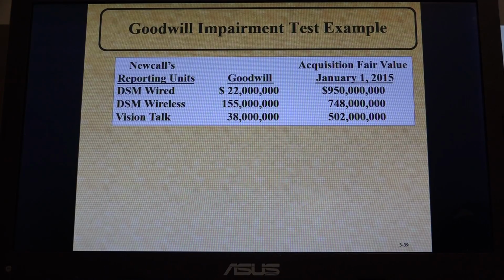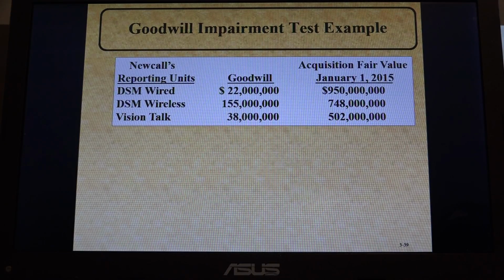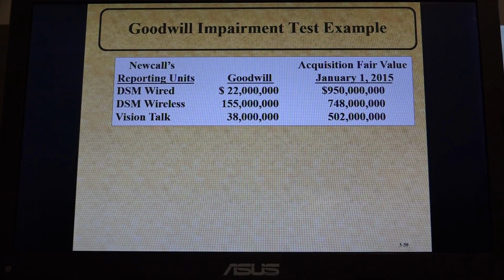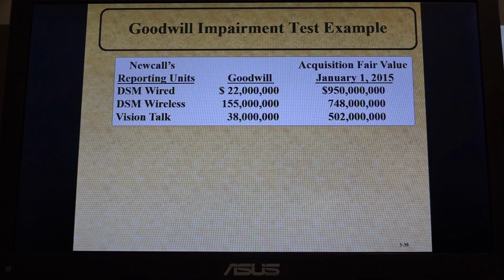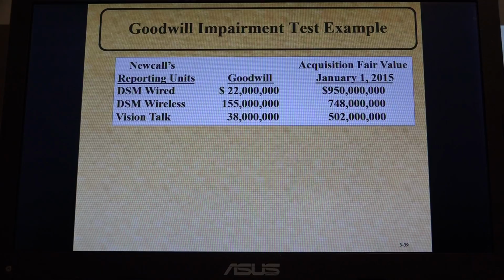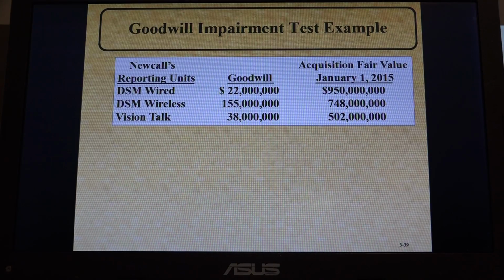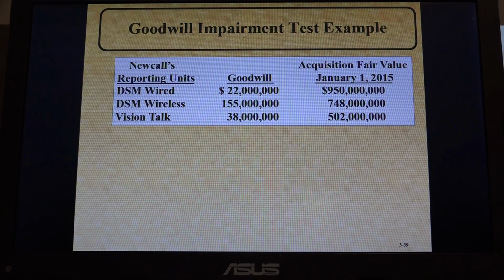You've got 3 reporting units. Apparently, after doing their qualitative assessments, the only reporting unit that may, and again, this qualitative test basically requires management to ask, is it more likely than not that goodwill is impaired?